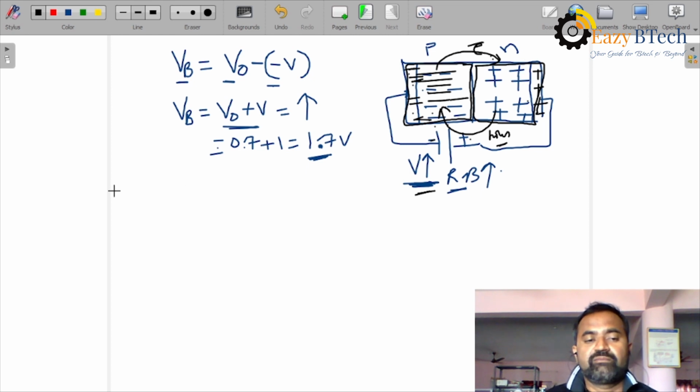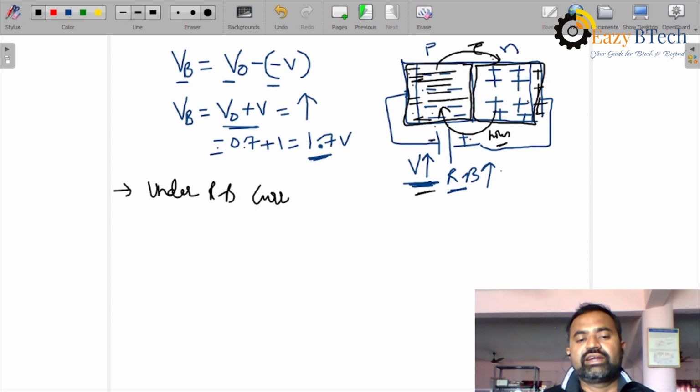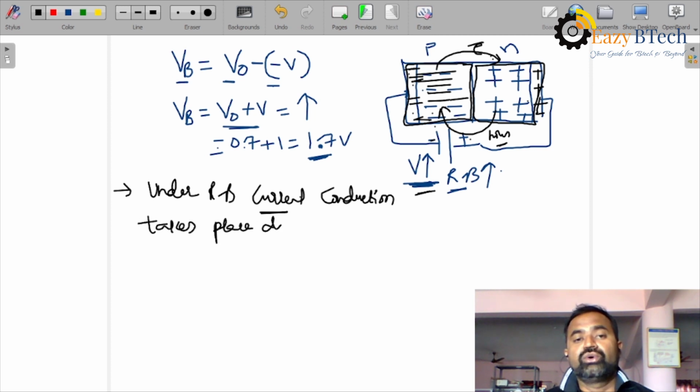It means under reverse bias, current conduction takes place due to minority charge carriers.